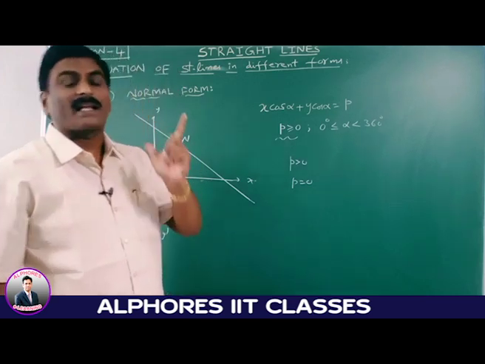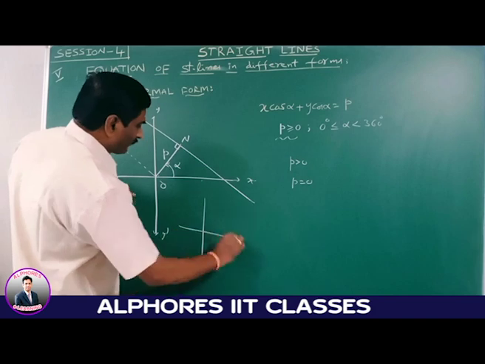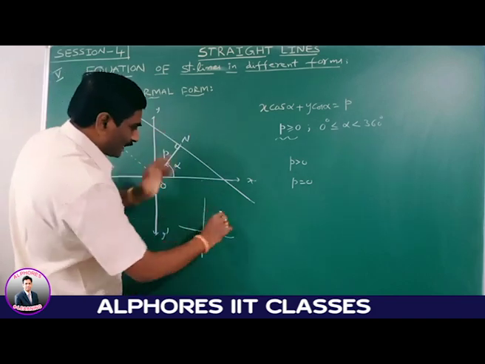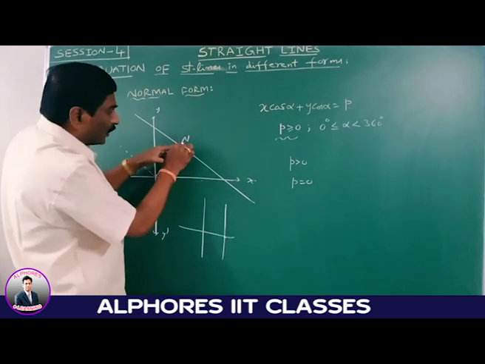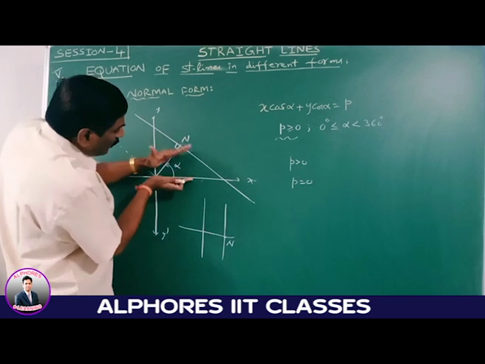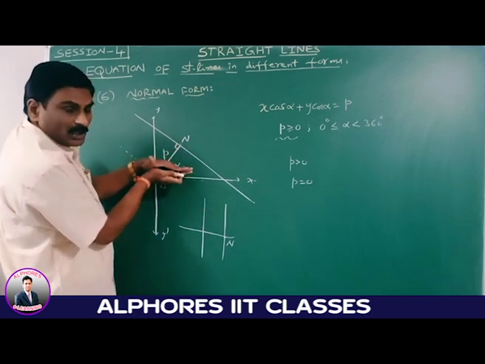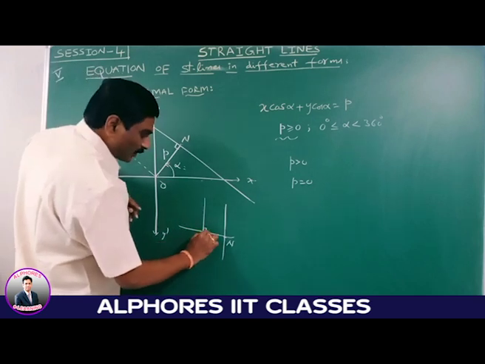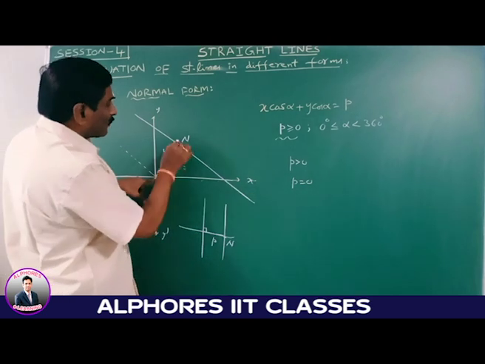What is the range of alpha? Suppose the line moves in this way, that means vertical. Then N lies on the x-axis, so ON coincides with OX.